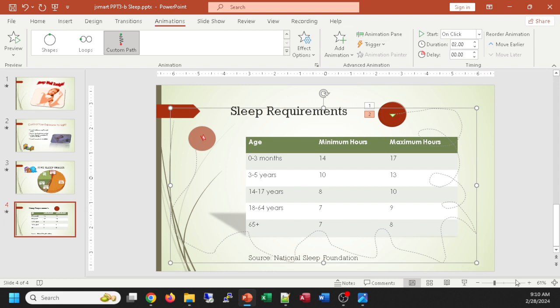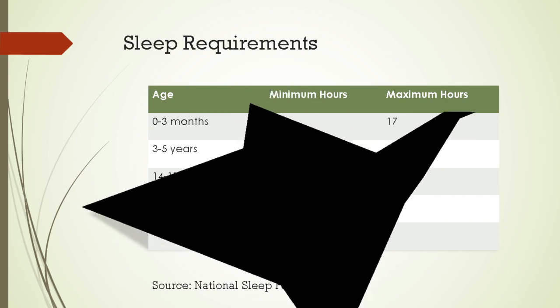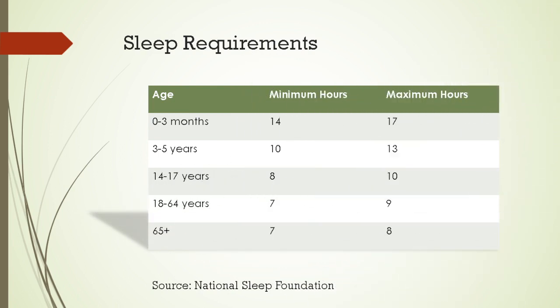And now let's see what that does. Playing the slide. Here's my transition in. It's waiting for the ball to appear on a click. Here comes the bounce in. And now the next time I click, it's going to do that second animation of the motion to the other side of the slide.